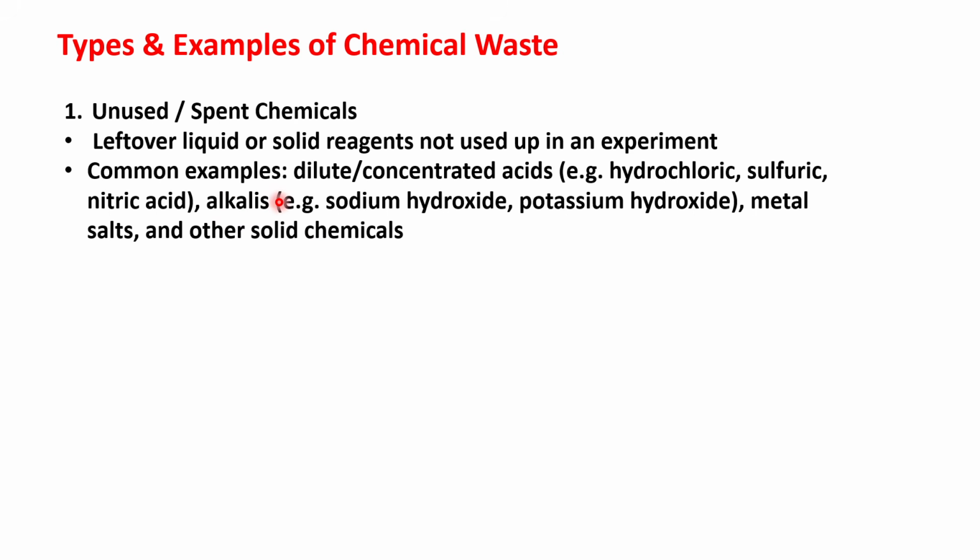Alkalis are bases that have been dissolved in water. Examples include sodium hydroxide, potassium hydroxide, metal salts, and other solid chemicals. Make sure you know the examples of each type of waste. So this particular type is called unused or spent chemicals.